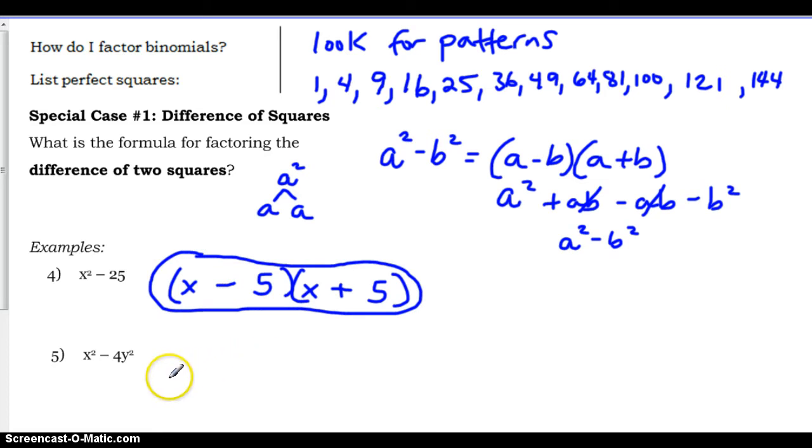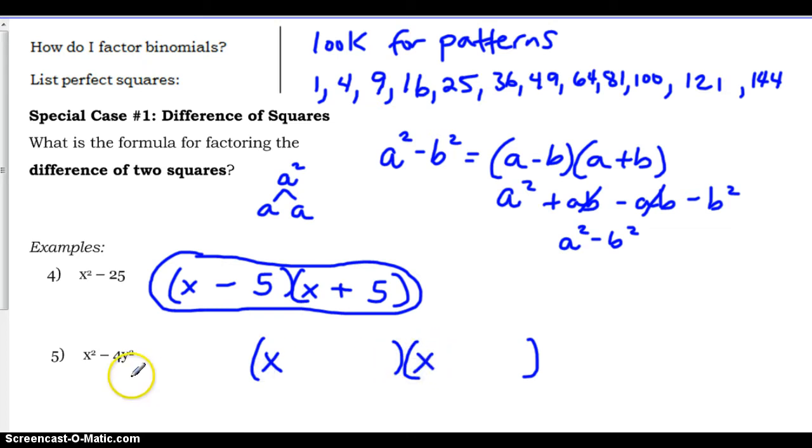The difference with number 5 is that now we have a variable at the end. We do have all perfect squares: x squared, 4 is a perfect square, and y squared. So go ahead and pause the video and try this one. Okay, again, you can use the formula, but to use logic, what two things would multiply to x squared? x times x.